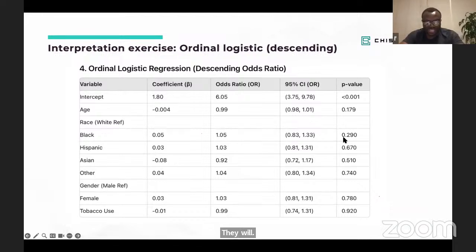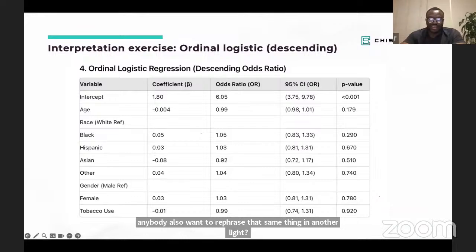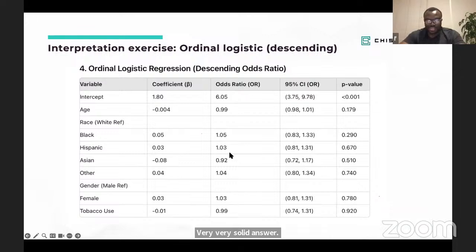Excellent. That's a very solid attempt. We appreciate your answer. Does anybody also want to rephrase that same thing in another light? Thanks very much for that attempt. That's very brave and a very solid answer. So we need another person who has not spoken to give us their own perspective on that. Ernest.